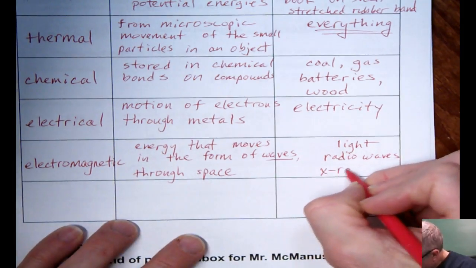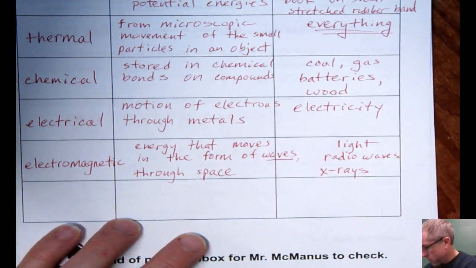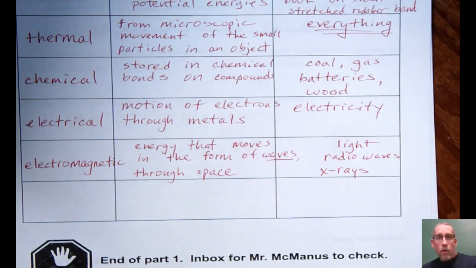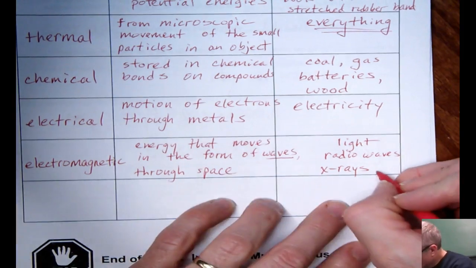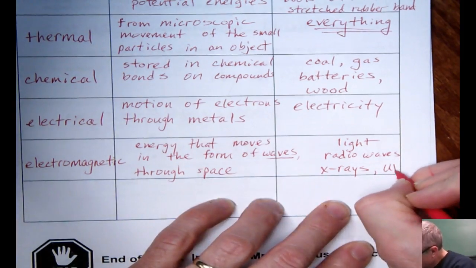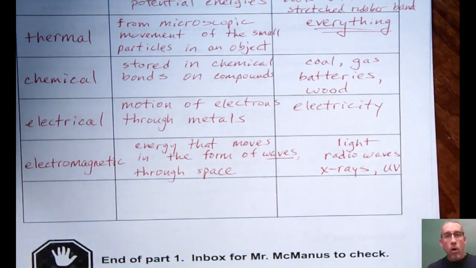There's X-rays from space. And there's other forms as well. So you may have heard of microwaves or gamma radiation, or I'll put this one in because you probably heard of this, UV radiation, that's short for ultraviolet. Those are all different forms of electromagnetic energy.